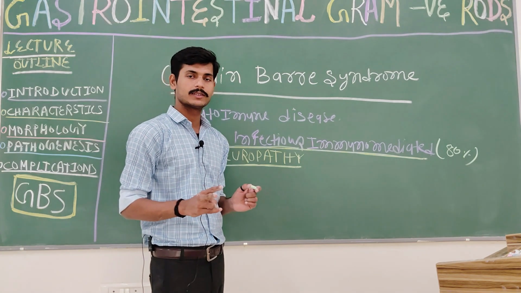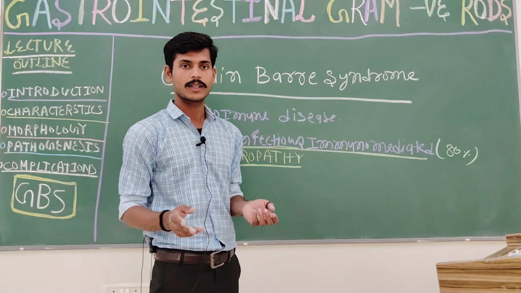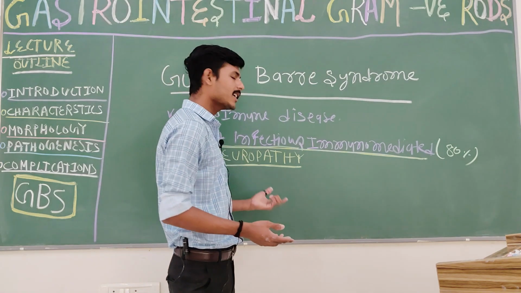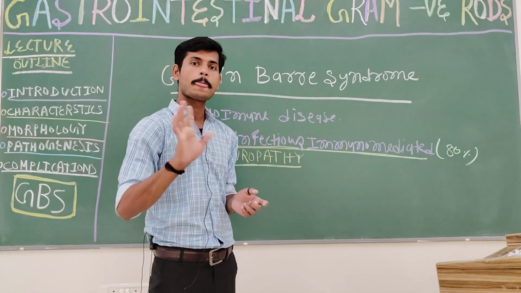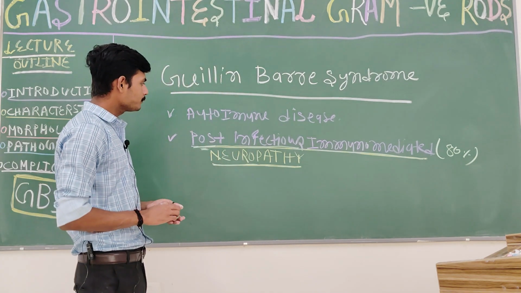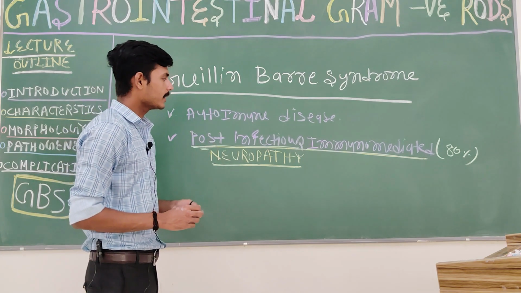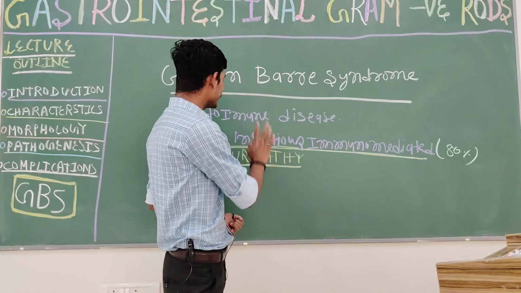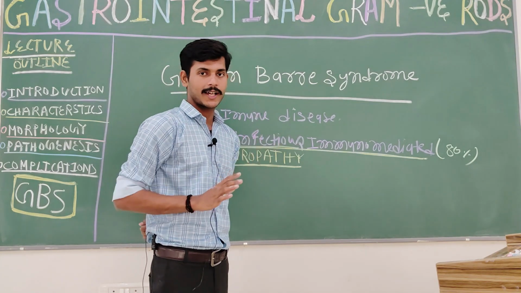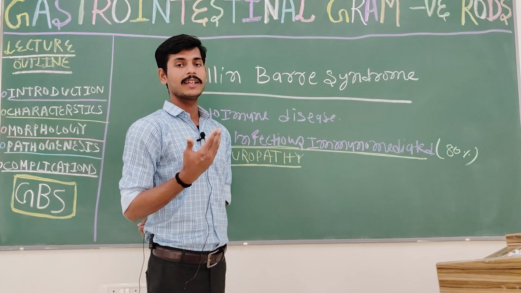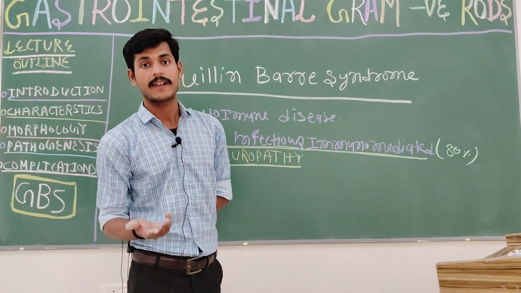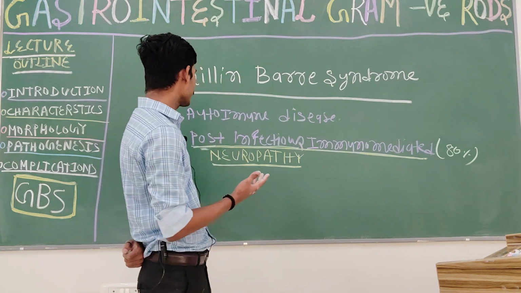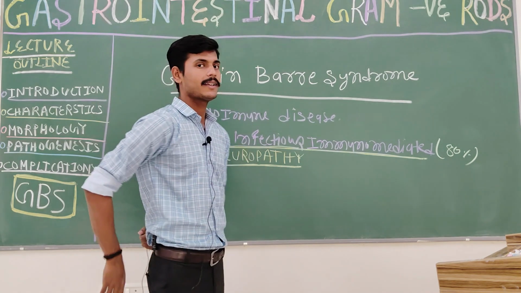We have two types of nerves, cranial nerves and peripheral nerves. This neuropathy mainly affects the peripheral nerves. So Guillain-Barré syndrome is a post-infectious immune-mediated neuropathy. Now you got the point. It means this disease most of the time occurs due to an antecedent infection, meaning any bacterial or viral infection that occurs prior to the syndrome.